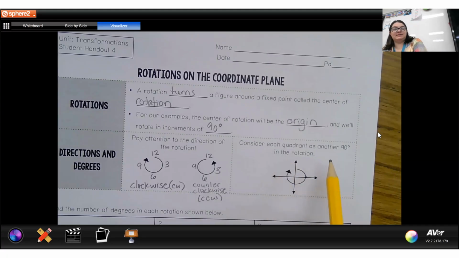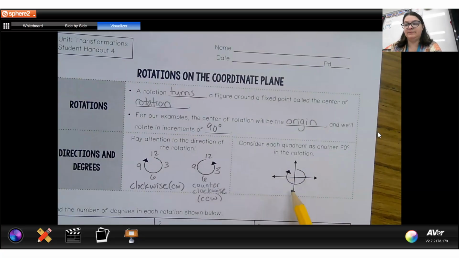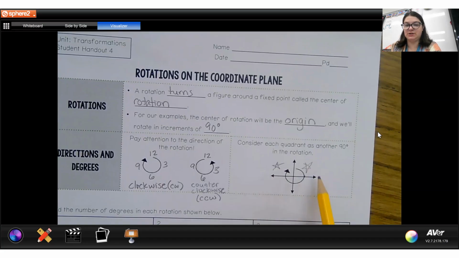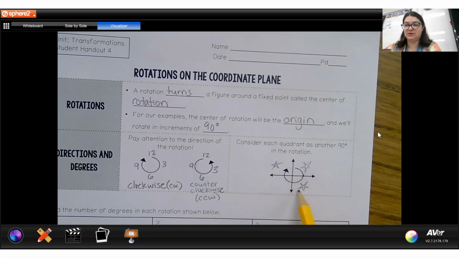Consider each quadrant as another 90 degrees. Now, this does confuse students sometimes, the way that this diagram works, but let's just say that my shape starts here. If it moves over to the next quadrant, that's 90 degrees. If it moves over another quadrant, that's another 90 degrees. And if it moves over to the next quadrant, that's another 90 degrees.